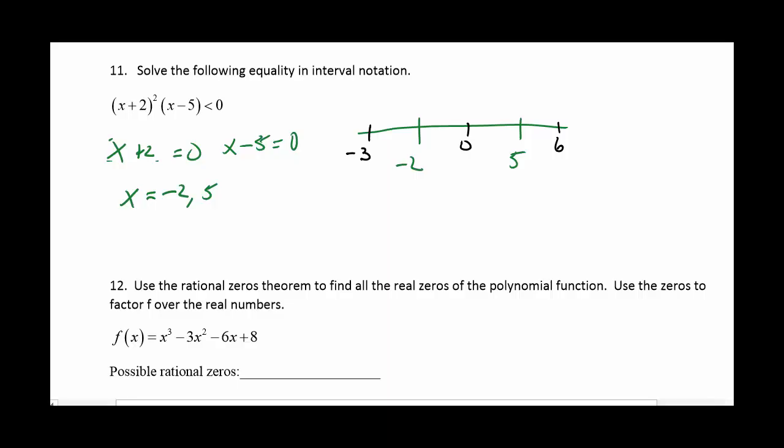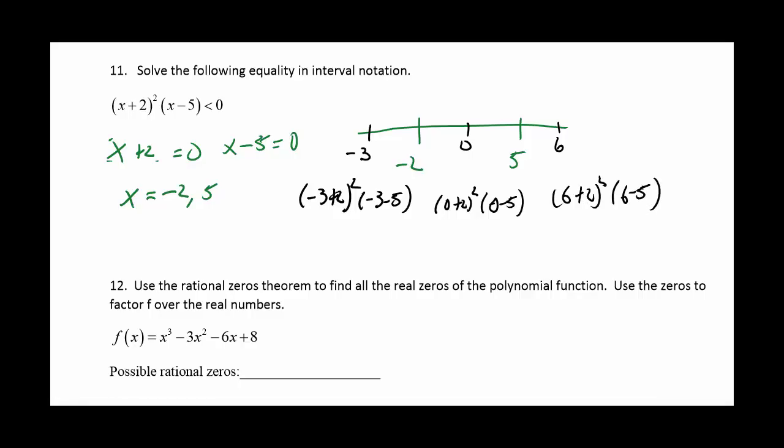And again, the nice thing about factored form is I can very quickly decide if something is positive or negative. So let me write that in there real quick. 0 plus 2 squared, 0 minus 5, and 6 plus 2 squared, and 6 minus 5. Now, the nice part about those squared things: anytime I square a positive or a negative, I always get a positive result.